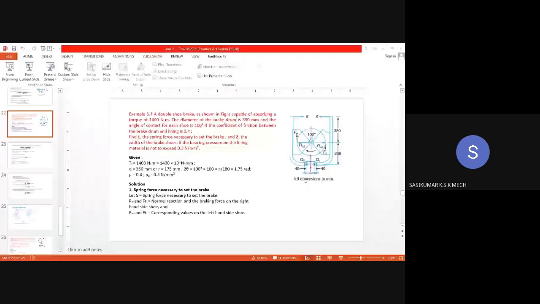The tangential force acting on side 2 is FT2, and on side 1 it is FT1. So here you may see that for one block, one lever, the drum will be having clockwise rotation. For another one it will be anti-clockwise.